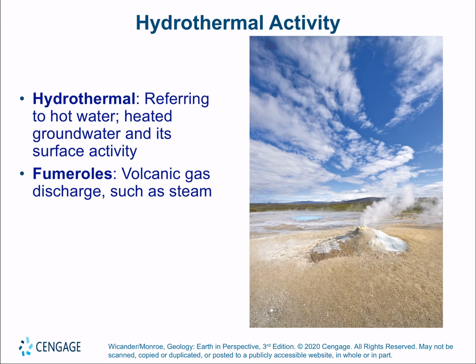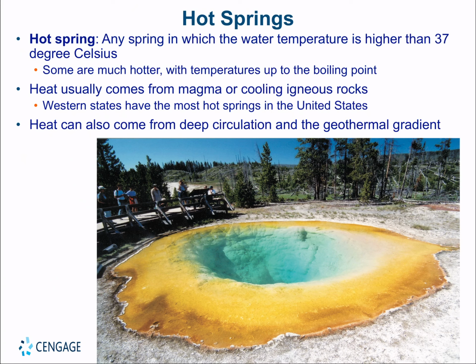What you're seeing in this picture is what's known as a fumarole, and that is a volcanic gas discharge. The steam you see is the result of your groundwater being hot. Your hot springs: hot springs are classified as any water that's greater than 37 degrees Celsius. Some can be much hotter than the boiling point.